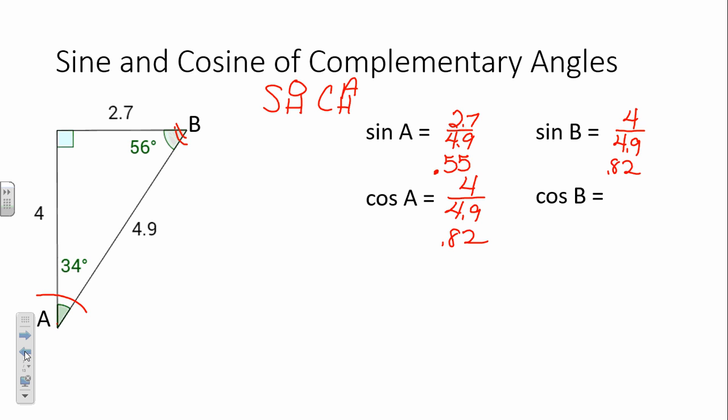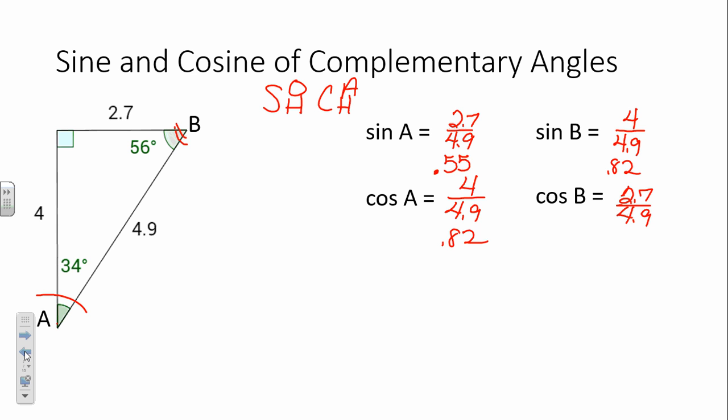Let's find the cosine of angle B. So cosine of angle B again says adjacent over hypotenuse. So which side is adjacent to angle B? 2.7, and the hypotenuse has been 4.9 this whole slide long, right? So 2.7 over 4.9, guess what?